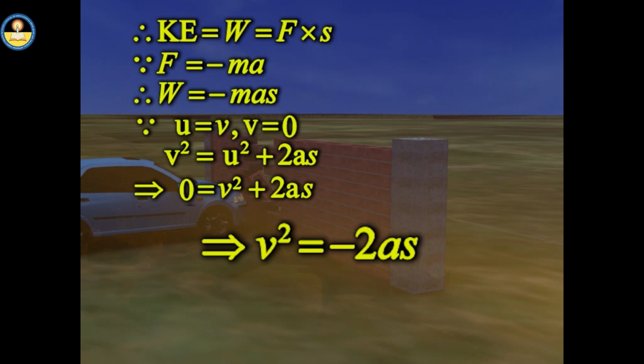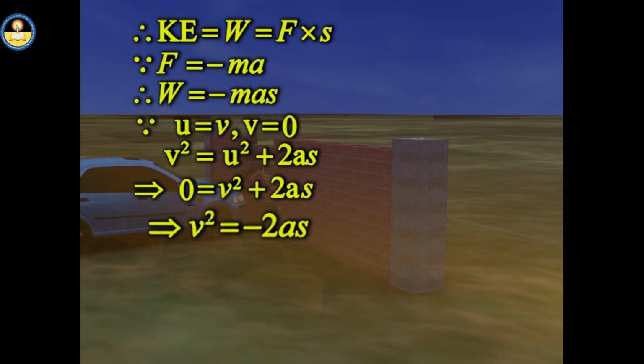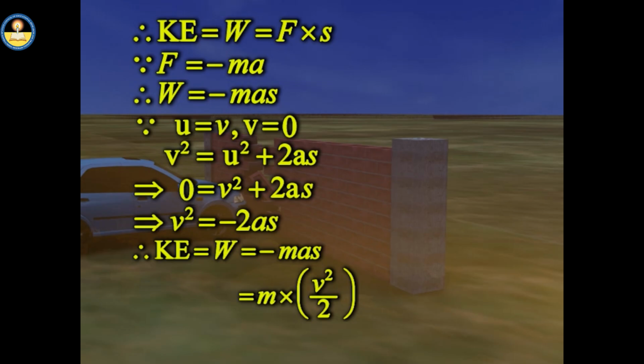Here again, the negative sign shows that the motion is a retarding motion. On substituting the value of minus as, we get the work done against the opposing force F, or the kinetic energy of the body, which comes out to be half of m v square.